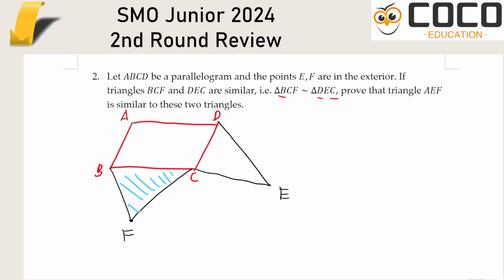I'm going to do something just to remind myself of the two triangles that are similar. You should probably do that as well. And then I'm also going to use another color to represent AEF, which is the third triangle that is supposed to be similar to these two. Let me make my dotted line a bit more precise.